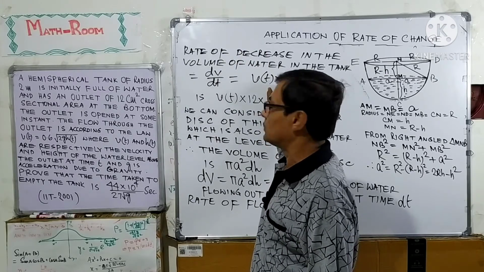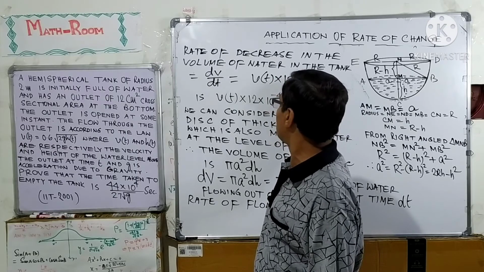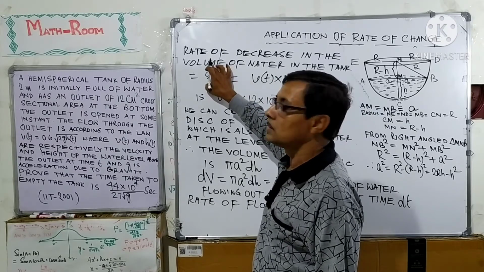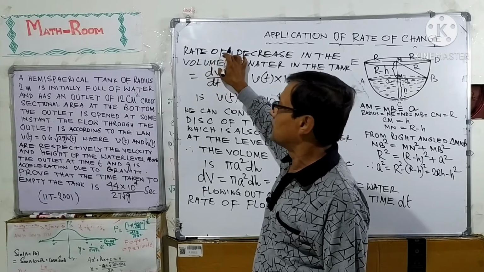This is the rate of flow of water through the outlet, and this is the decrease in the volume of the water in the tank.